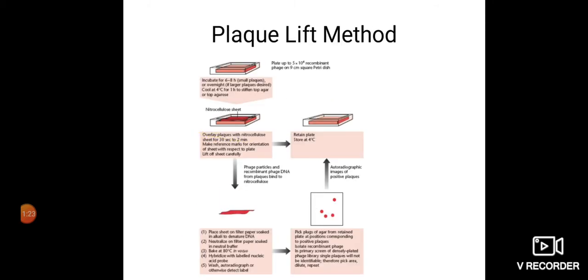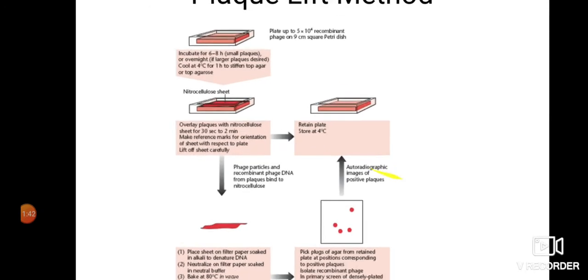Next is the plaque lift method. If it is not in the form of bacterial colonies, but instead in the form of plaques, these plaques will carry the recombinant bacteriophage. How is this done?